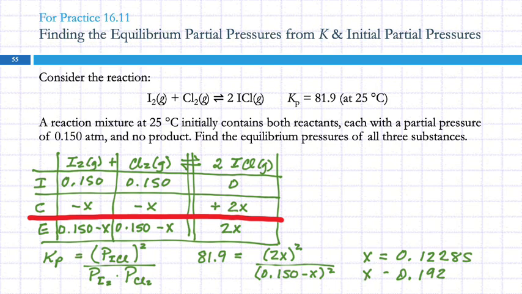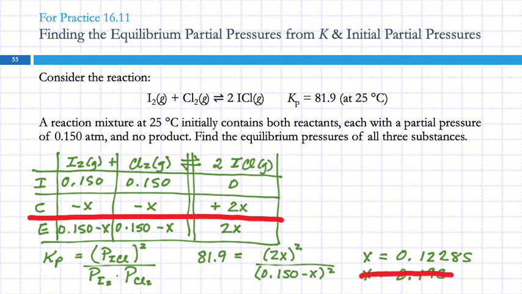Okay, so there are two roots. If we come up with this one, and we go to calculate this pressure, and we have 0.15 minus 0.192, we get a negative pressure. Is that possible? No, it's not. And so that's how we can tell that that one doesn't work. Only one of them will work.